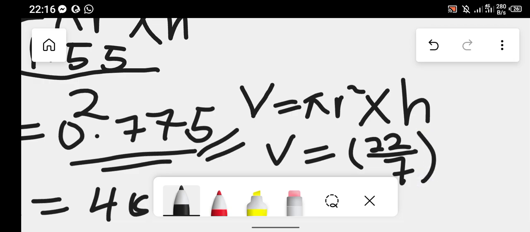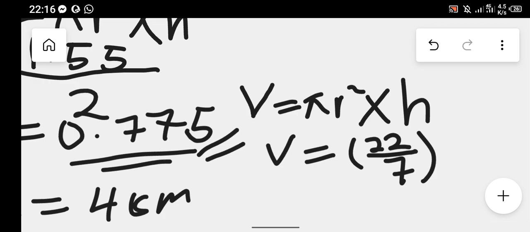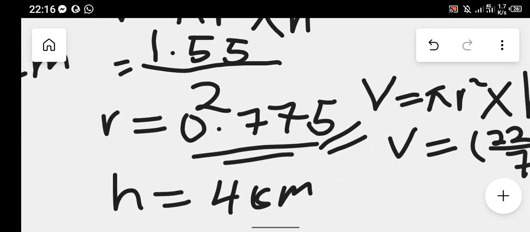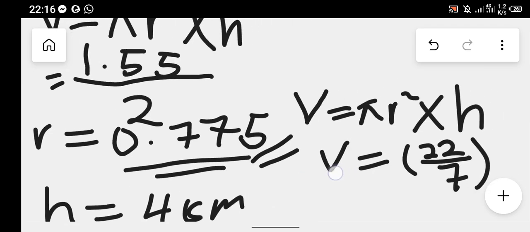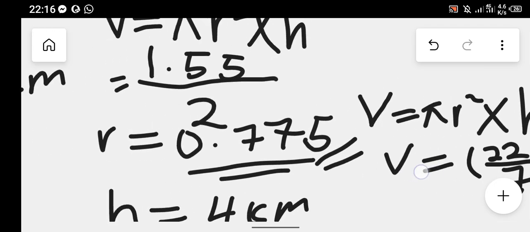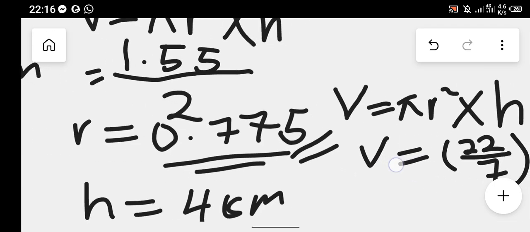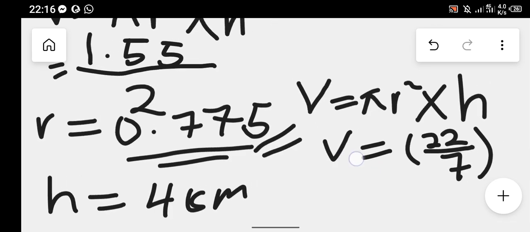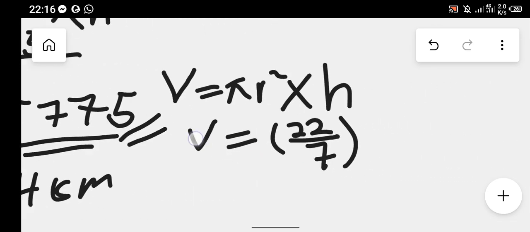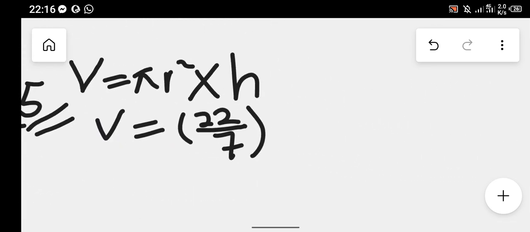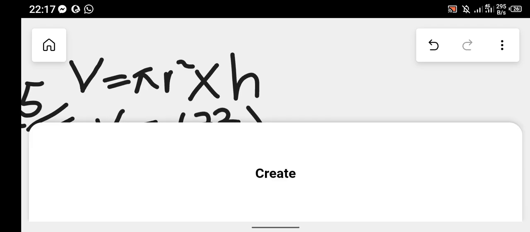The next thing we need is our radius. We have already found our radius is equals to 0.775. But in the formula, you have to square it.